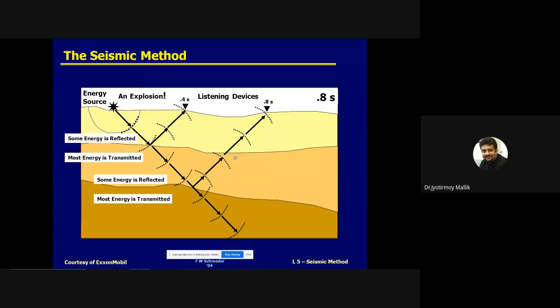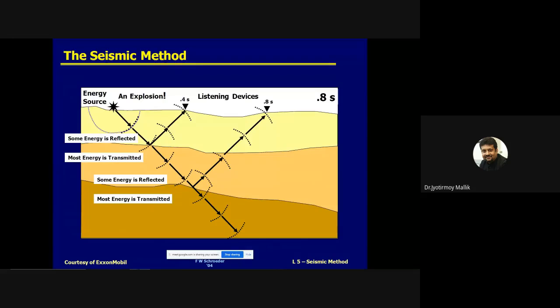Now, what these boundaries are, they could be lithological boundaries. But the fundamental boundary that this sort of elastic wave propagation sees is essentially boundary between different acoustic impedances. And we defined what acoustic impedance is.